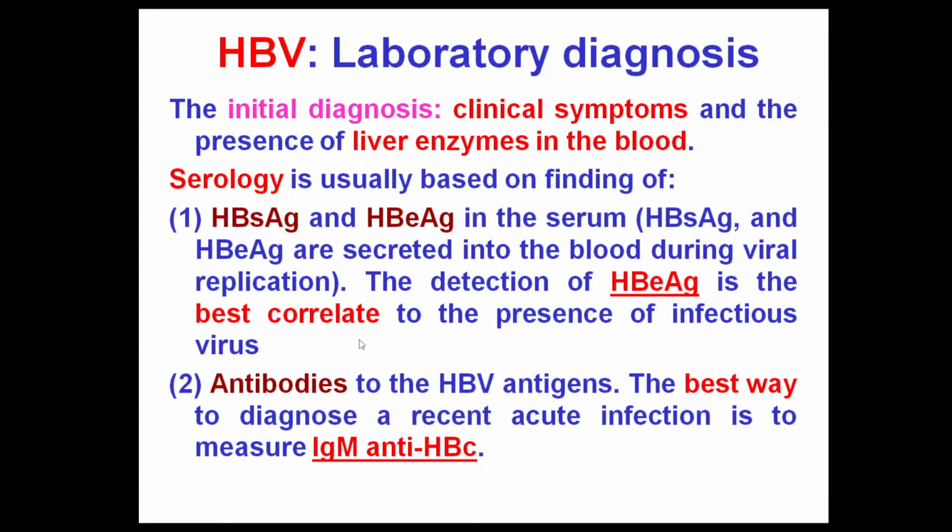So that's why the hepatitis B core antigen is not used as a serological marker, while the antibodies against this antigen are of very high diagnostic value, especially if we find IgM antibodies. That will be a clear sign of acute current hepatitis B virus infection.